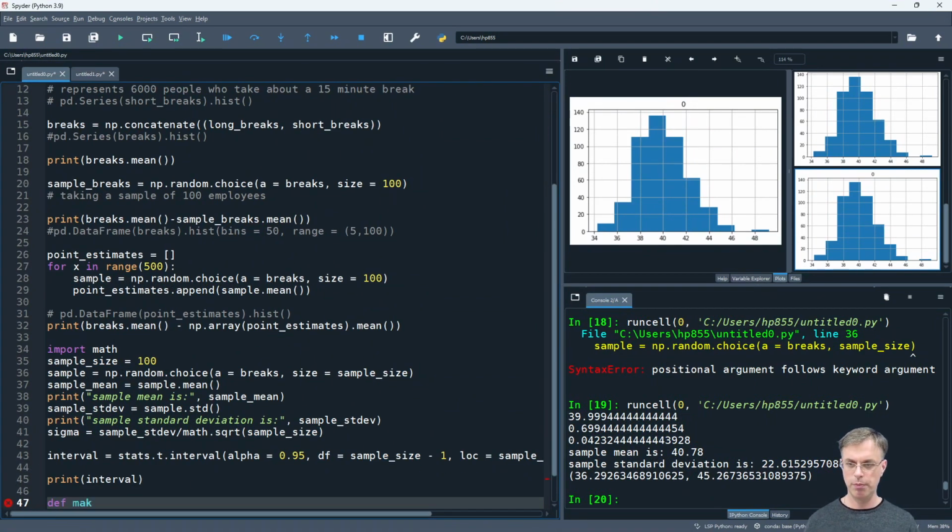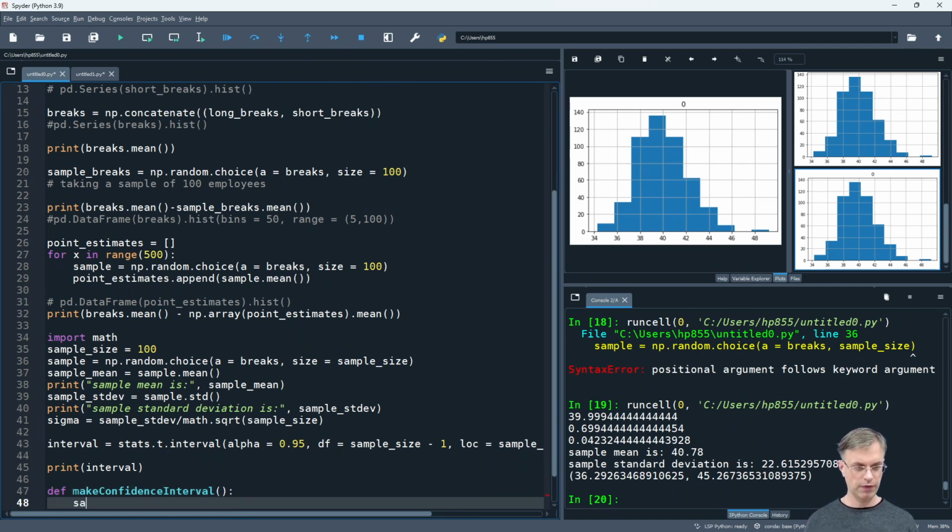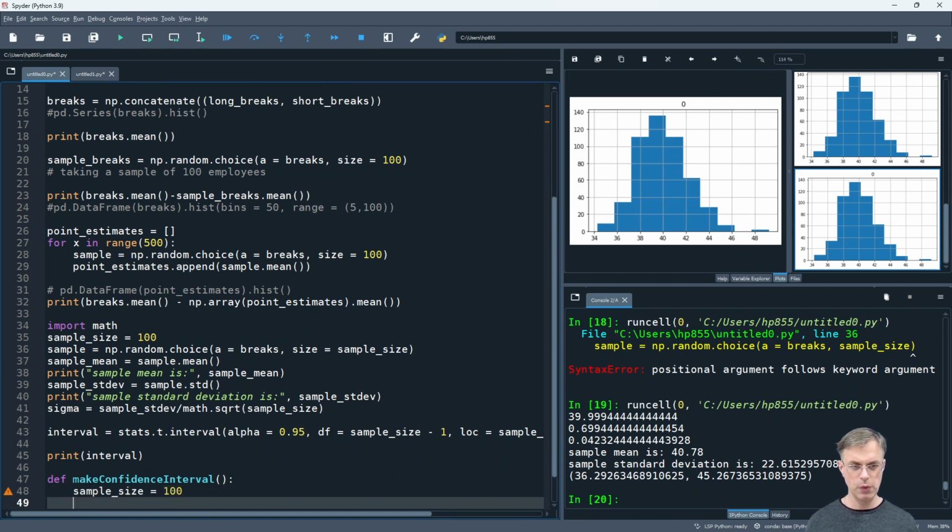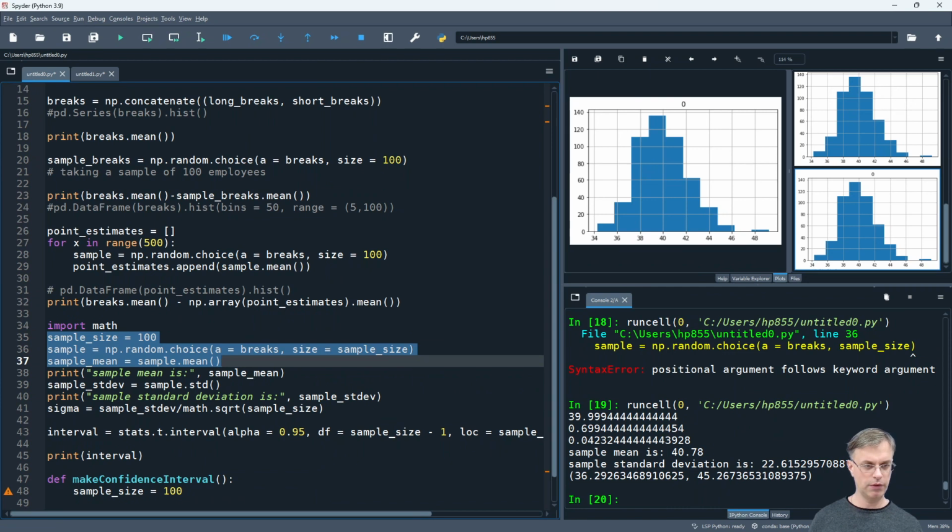Def make confidence interval, sample size is 100, as we know. Sample, actually I think we can just copy this here.